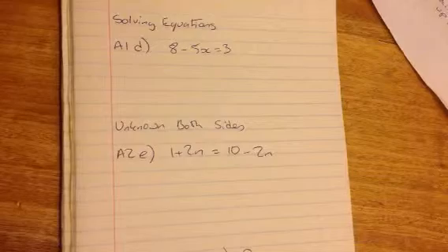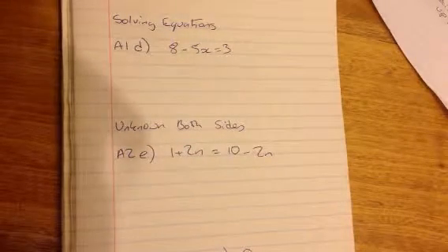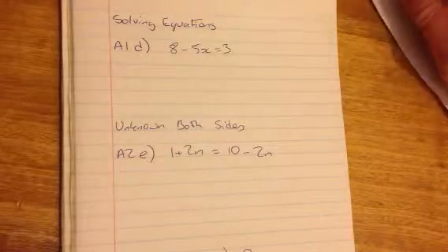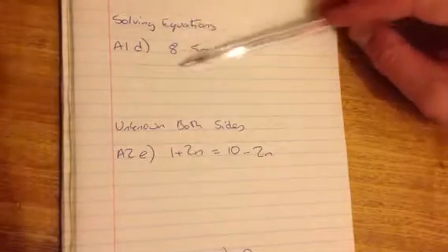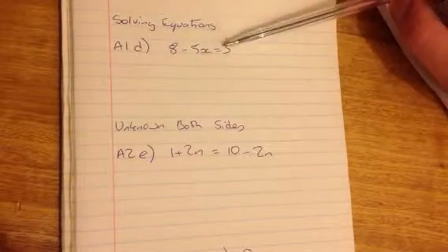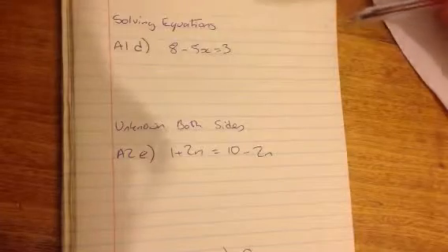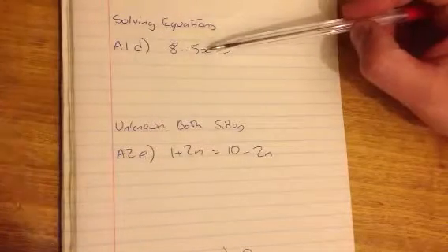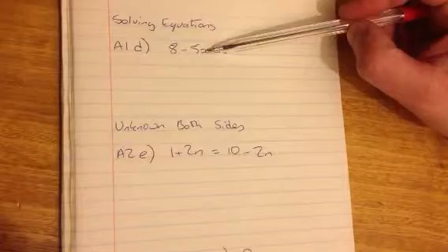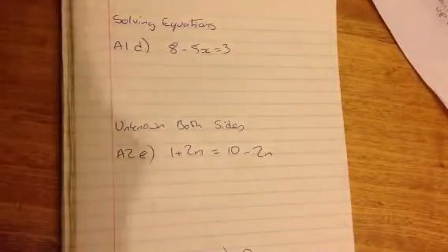Okay, first things first, we're going to establish what we mean by solving equations. So we've got an equation. We know it's an equation because we've got a collection of terms. So we've got 8 minus 5x, and we've got them equal to something. Okay, and the object of solving the equation is to find a value for the x or n or whatever the letter is that we've been given in the equation.